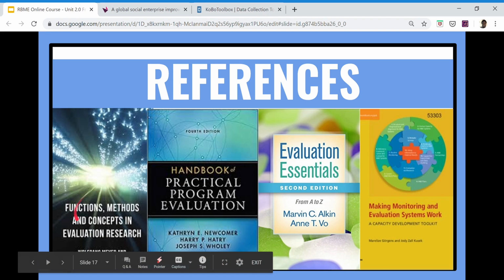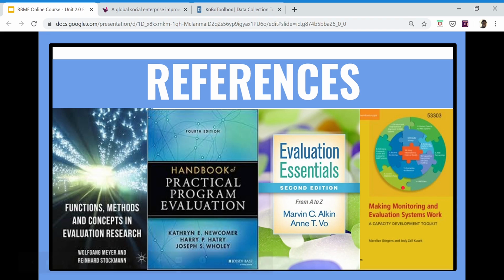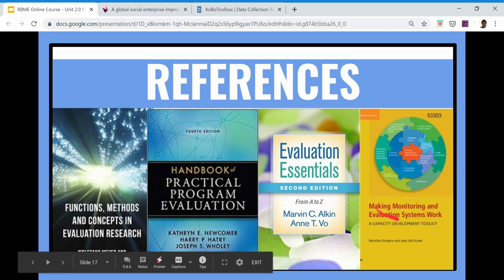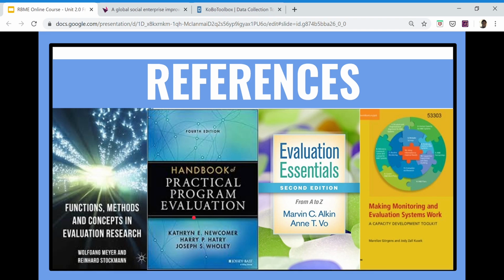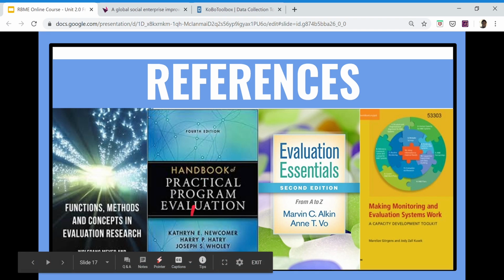Then followed by Functions, Methods, and Concepts in Evaluation Research by Professor Stockman and Wolfgang Mayer. That's another very good book. Then thirdly, you can jump on Marilyn Goggins and Jody Zall Kusek's book, Making Monitoring and Evaluation Systems Work. Then lastly, think about the Handbook of Practical Program Evaluation. So this has a whole lot of evaluation cases and stories and how they were carried out. So this will be very important for you.